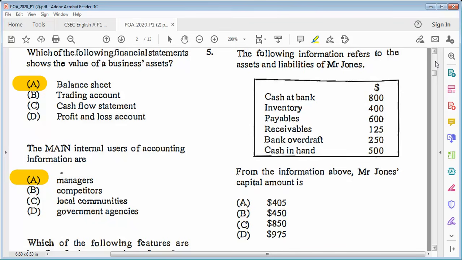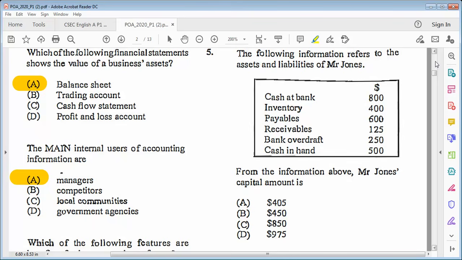From the information above, Mr. Jones' capital amount is A. $405, B. $450, C. $850, or D. $975.